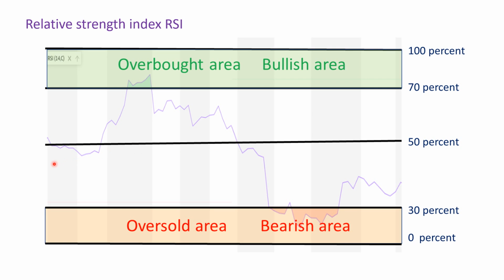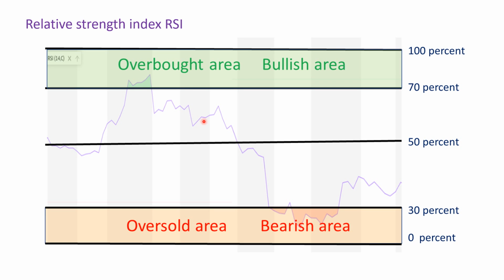Now, when price is going up, entering the overbought area, and then returns back and crosses the 70% line while going downward, it generates a sell signal right here.